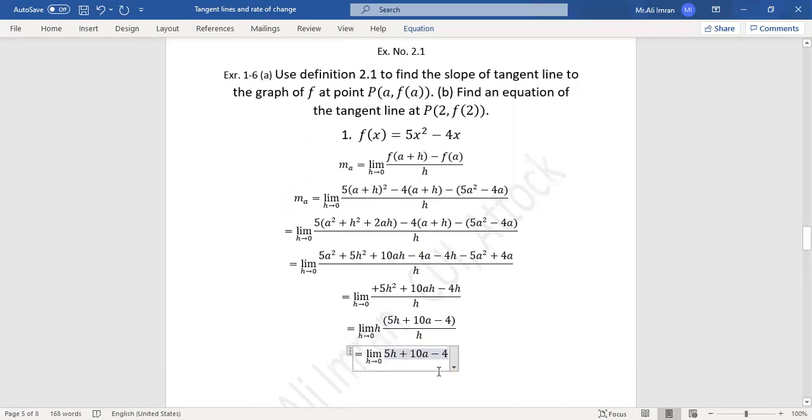By putting the limit h equal to 0, we will get the value of the limit equal to 10a minus 4.